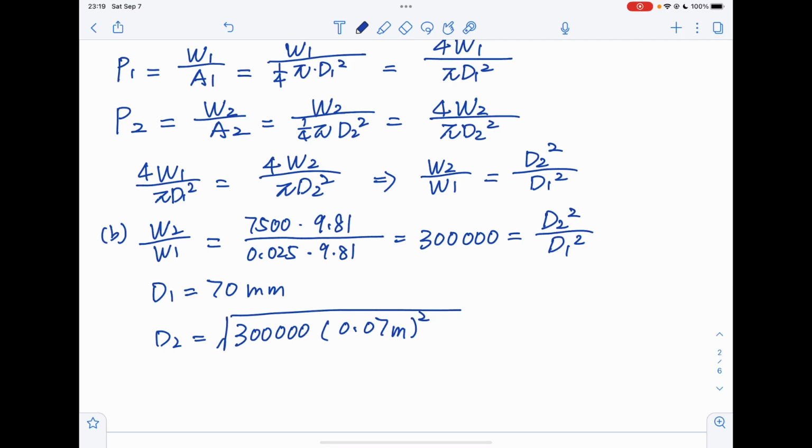The square root of that gives you 38.3 meter.